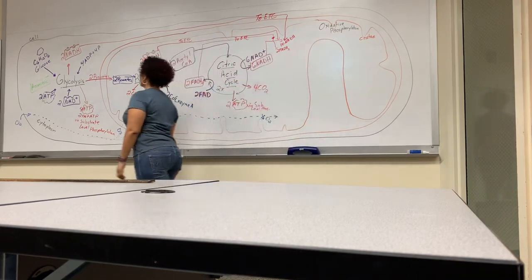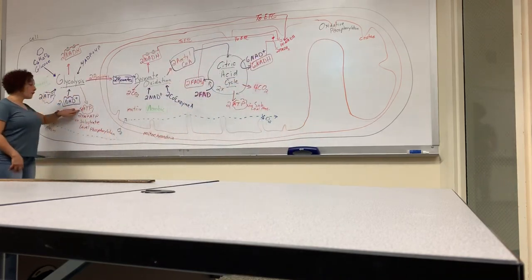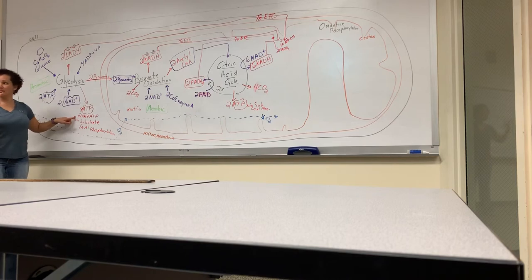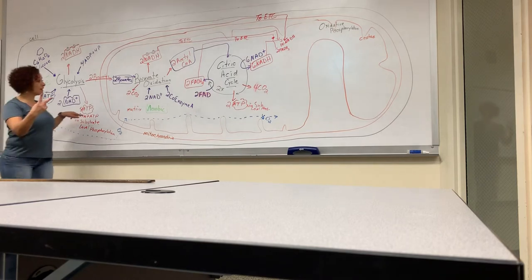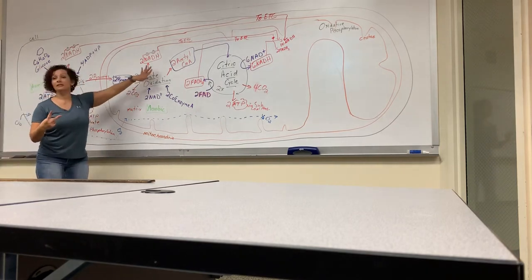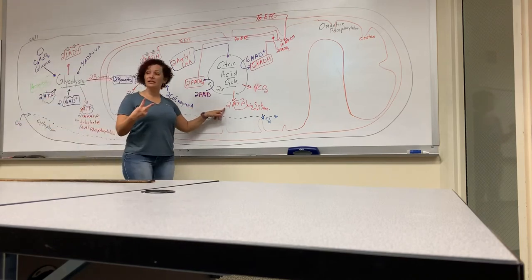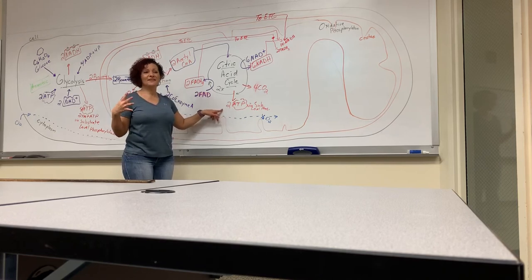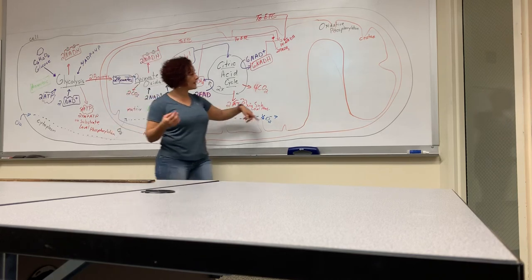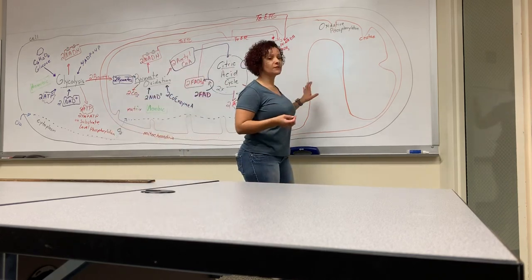So far, we've made 4, but really you only made 2 net, right? And over here, you didn't make any ATP. Please know that for your test. And you made 2 ATP here. So at this point, you've only made 4 ATP. That's really not enough energy. So we're going to go ahead and talk about the next system, oxidative phosphorylation.